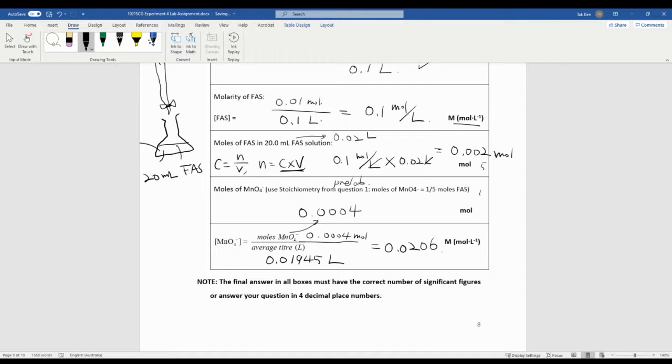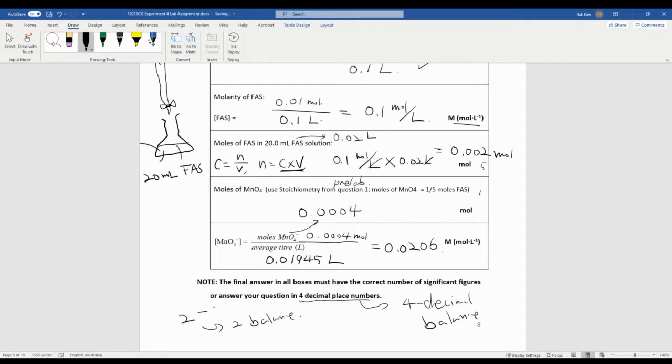If your numbers always end up with four decimal places, it means you used a four decimal place balance. If your numbers always end up with two decimal places, that can be interpreted as the person doing the experiment using a two decimal place balance.